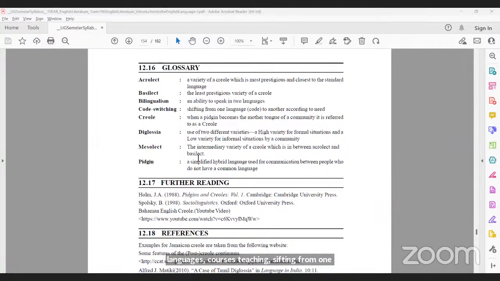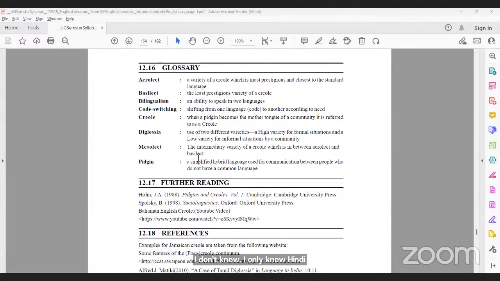So when there is a need to shift from one language to another, and you are shifting based on the need, suppose you are speaking with a person who doesn't know Telugu, and you are a Telugu person. Suppose you are speaking with me, I don't know Telugu, I only know Hindi.